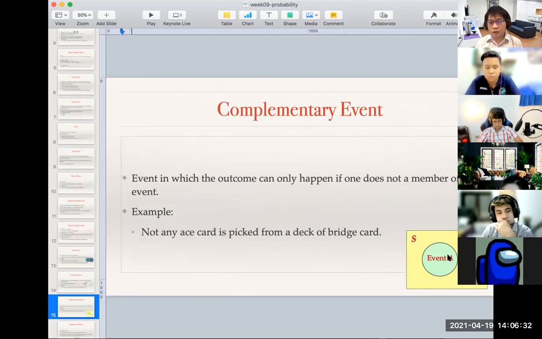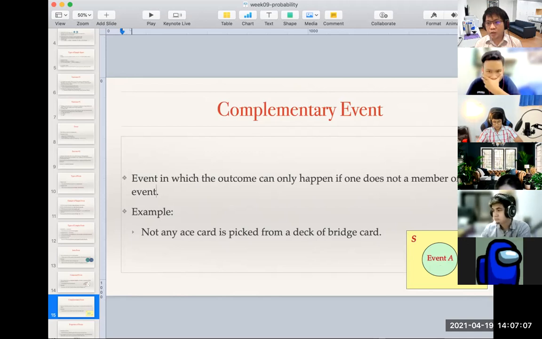Let's say here I have event A. Remember, an event is a subset of a sample space S, right? So what is the complementary event of event A? Usually it will be symbolized with this character. Here we have event A, and then I put a C on top, on the right-hand side of A: A^C.